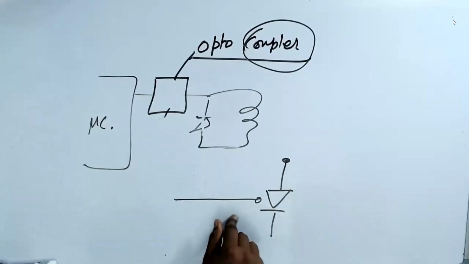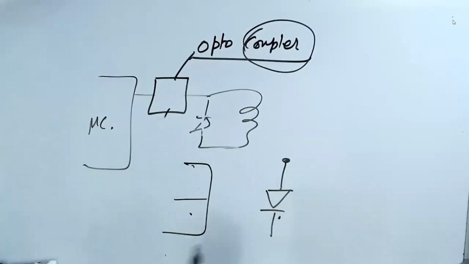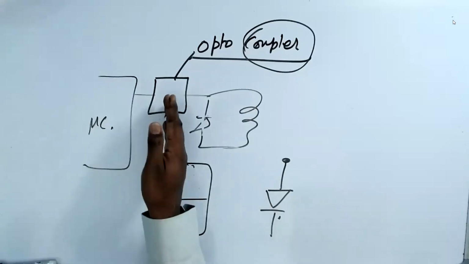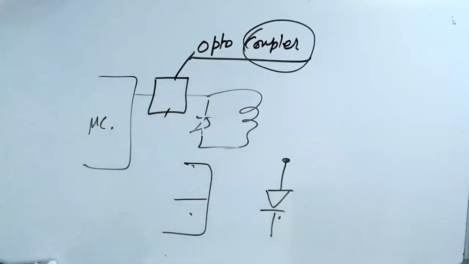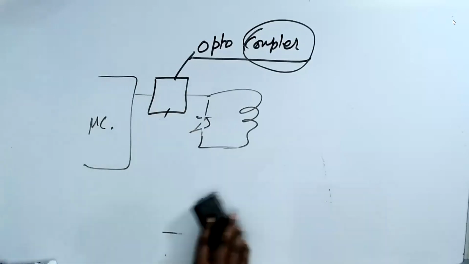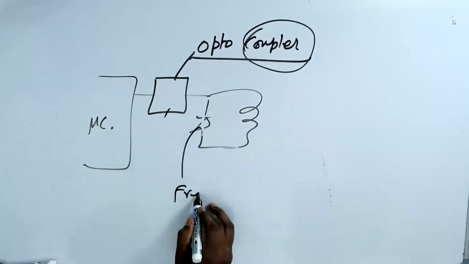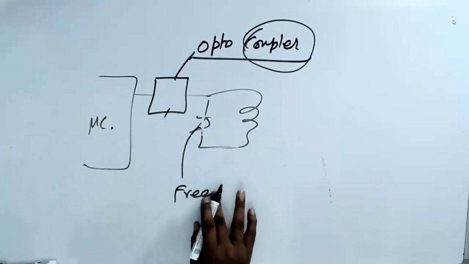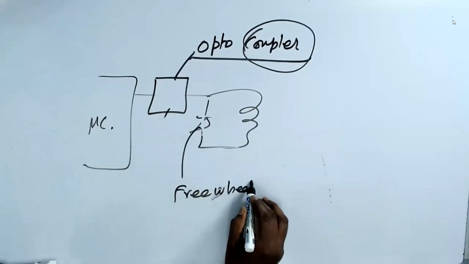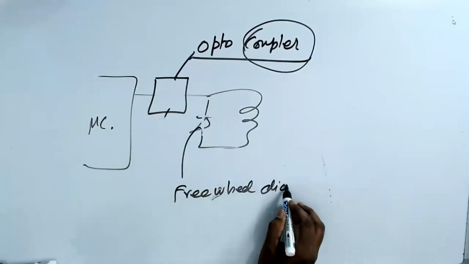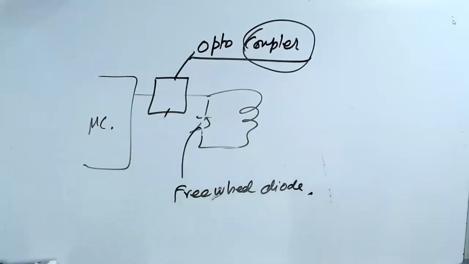Because of that, there is no connection between the input and output, and this circuit is saved. So we have two precautions. One is the freewheel diode. The other one is the optocoupler.